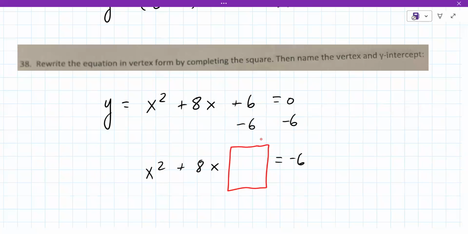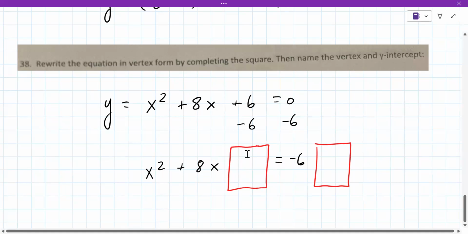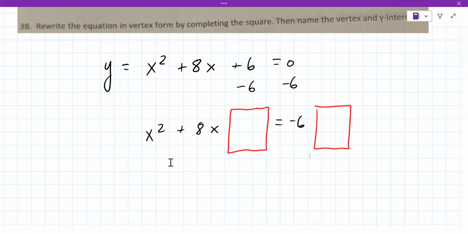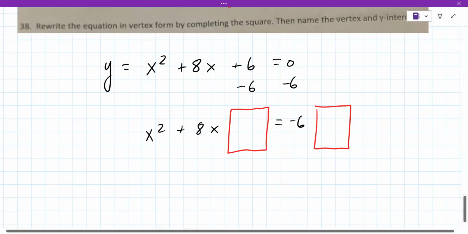And then, I have the colored digital ink here. If you have a highlighter or something, you just need to make a space and say, I've got to put the same thing in both boxes. And it's exactly what you were about to tell me. You divide the 8 by 2, and that gives 4, to the power of 2, which is 16. So you put a plus 16, plus 16.